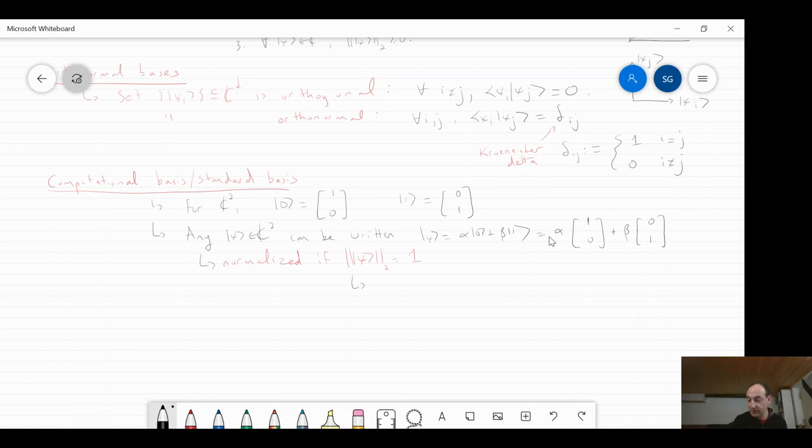And using this formalism in the standard basis, we could see exactly what this means if I write my vector in the standard basis. Remember, the 2-norm of psi is just the square root of the inner product of psi with itself.